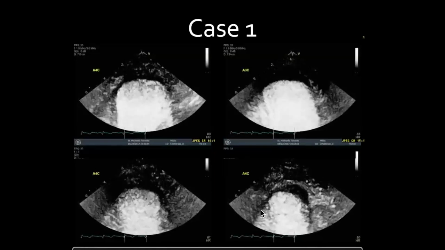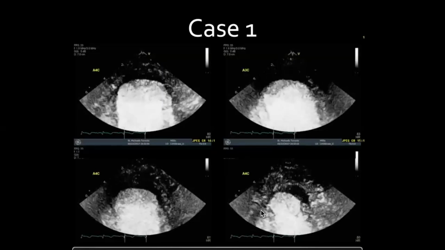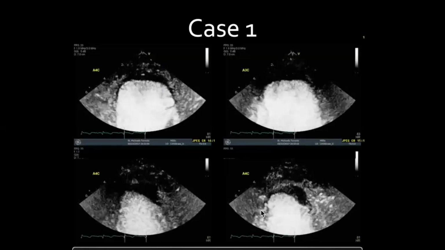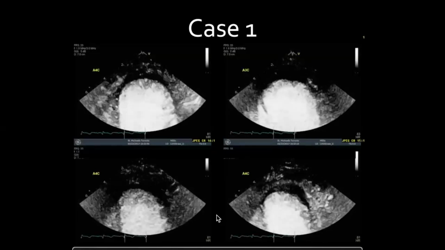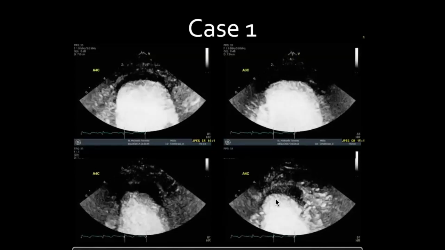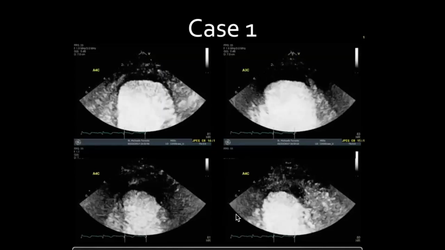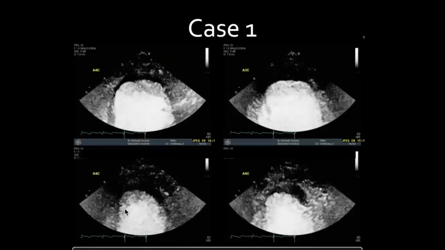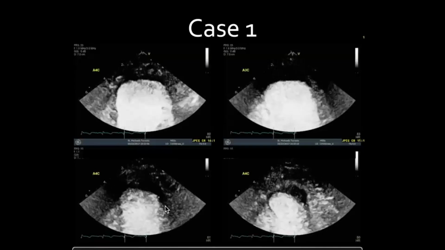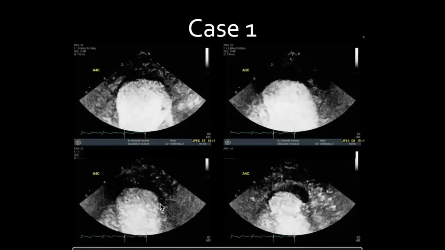It's always a question, because a lot of times we're not sure whether what we're seeing is just delineation of the endocardium versus a layered apical thrombus, and here it's quite smooth. What I like to look for are little ridges or indentations at the edges between the true endocardium and where the thrombus starts.